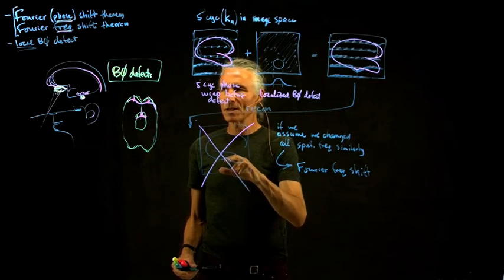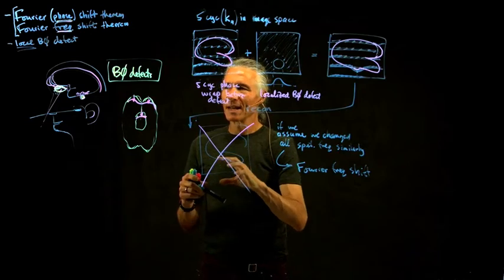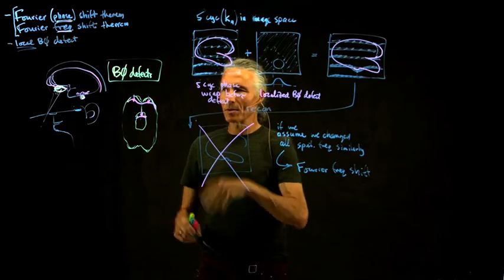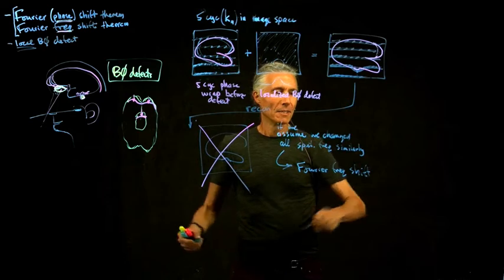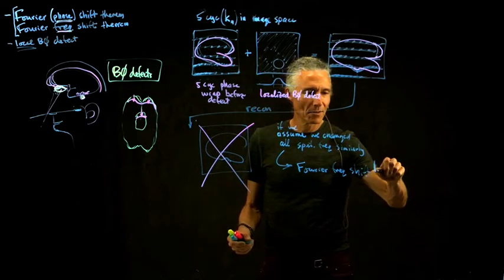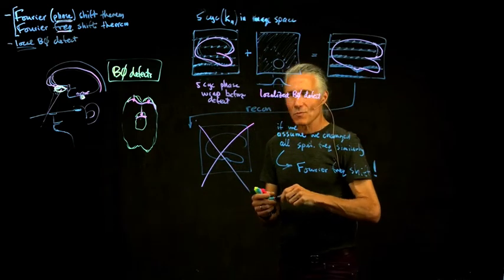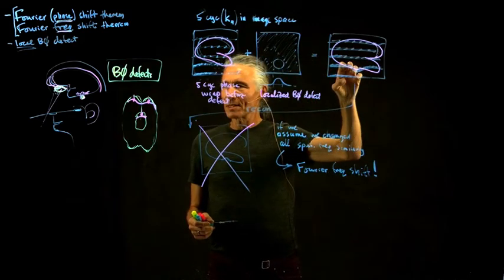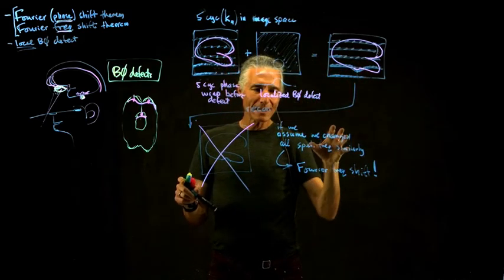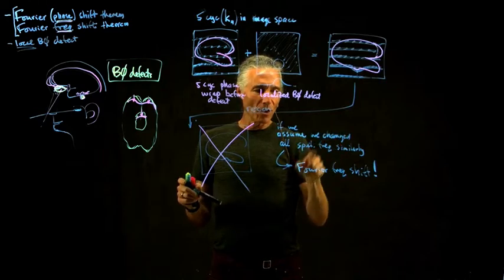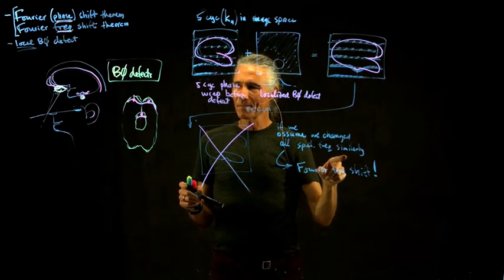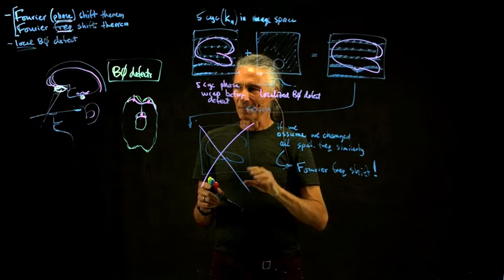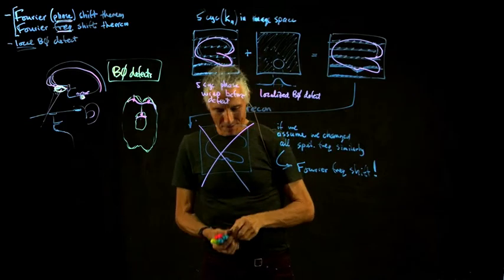It wouldn't cause a spatial shift. It would just cause a phase shift in the image, but we're throwing that out. So if you try to understand it as just distorting these stripes, if you make the mistaken assumption that we changed all the spatial frequencies similarly, that's not the explanation. So what is the explanation?